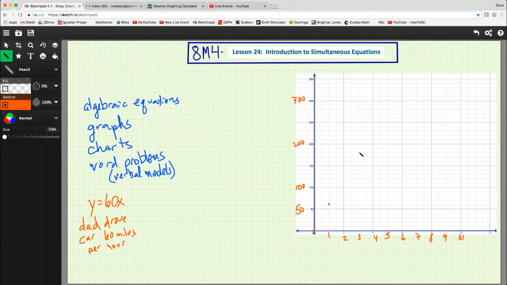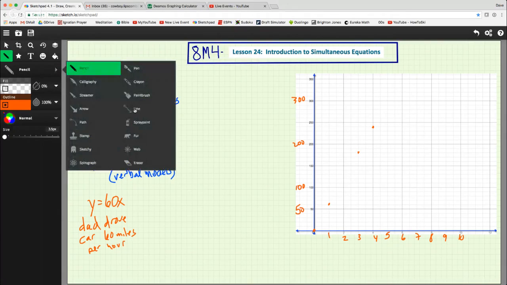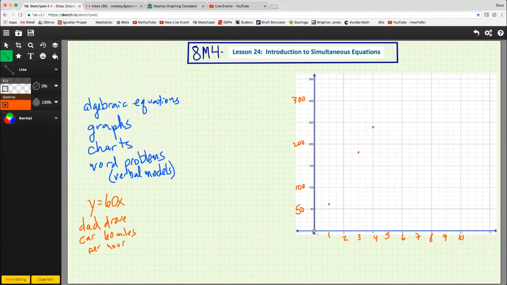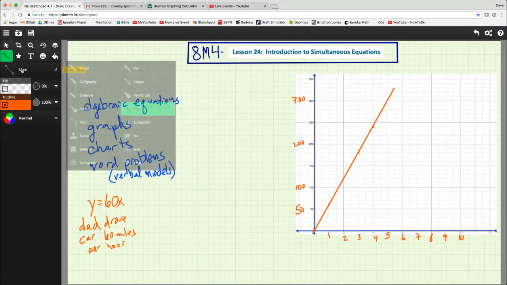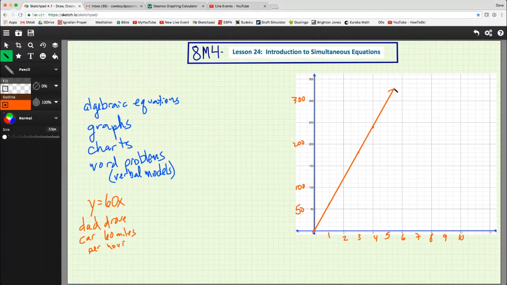I just draw the 3, 180. We actually end up with 4, 240. And so let's graph this thing. And so we're going to do this whole thing in orange. And so this is my dad's rate of driving our family, right?